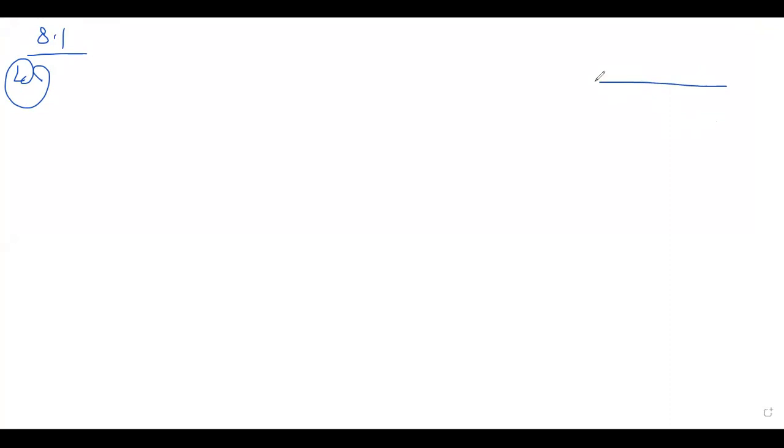Take a square. So you know that all the sides are equal. What is given, children?